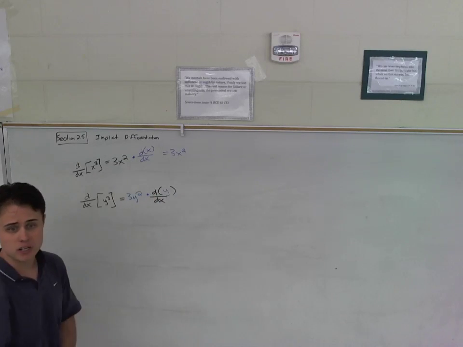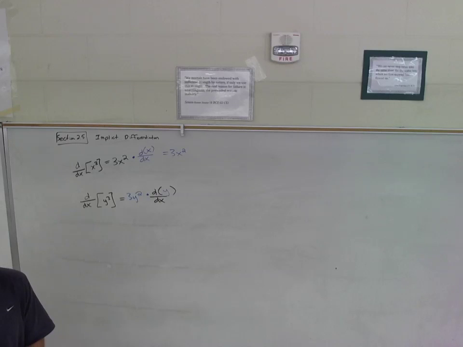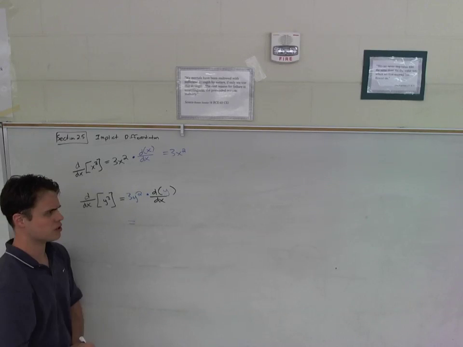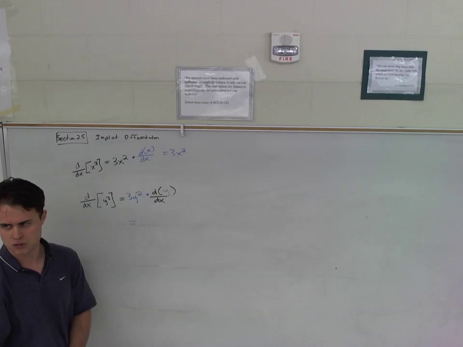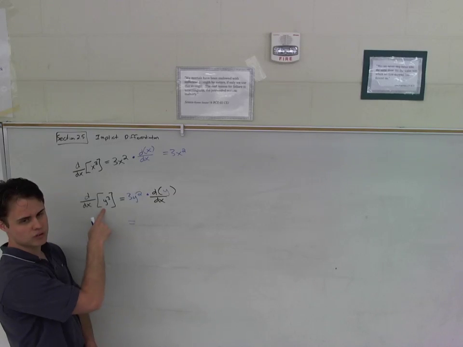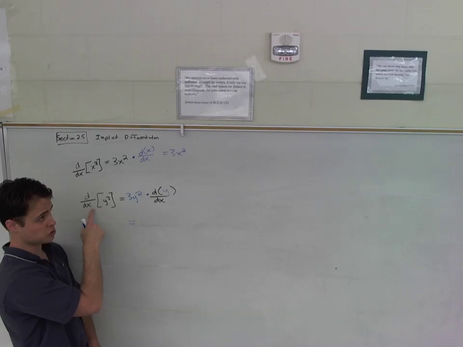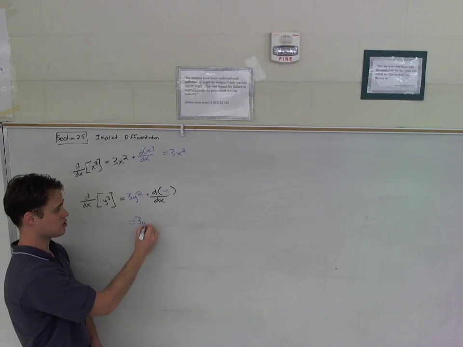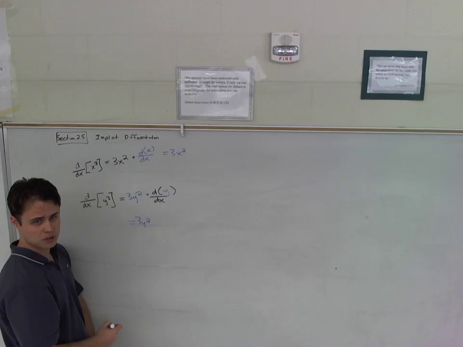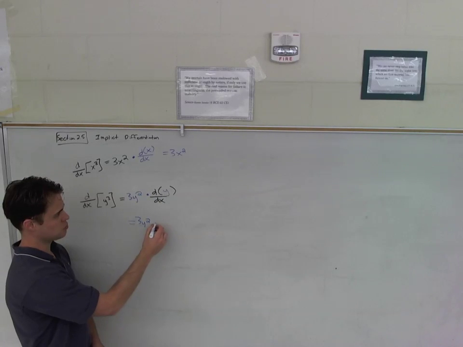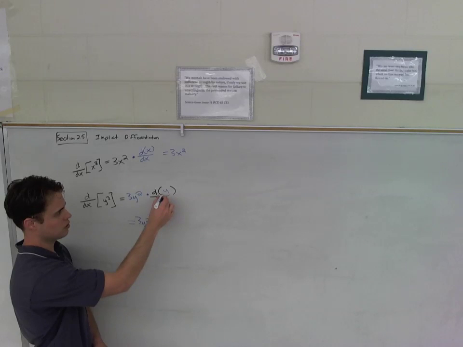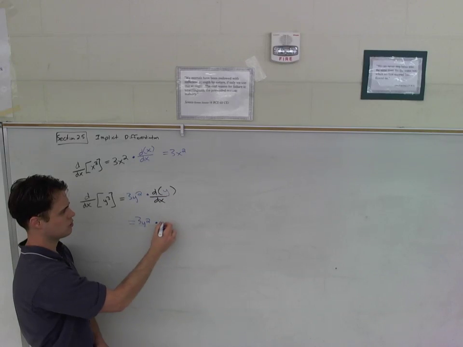That's not just 1 anymore, is it? How can we rewrite this with Newtonian notation? That's a fun one. What's the answer? The derivative of y cubed with respect to x is 3y squared times what? What is dy dx?